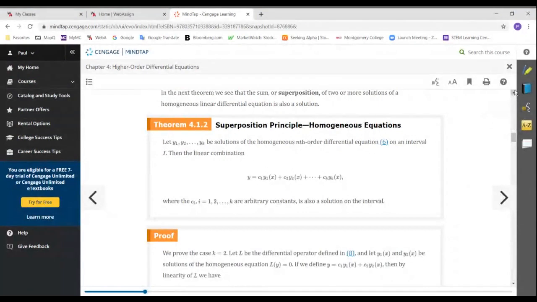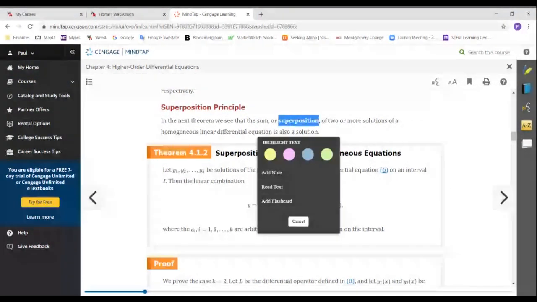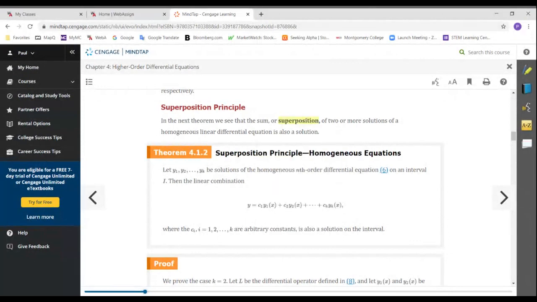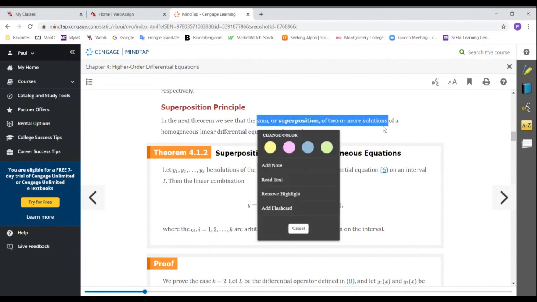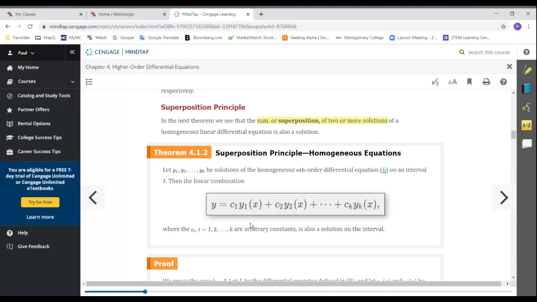There's something called a superposition principle. If you have the sum of two or more solutions to a homogeneous differential equation, then the sum of those solutions, as they show here, is also going to be a solution to the differential equation.